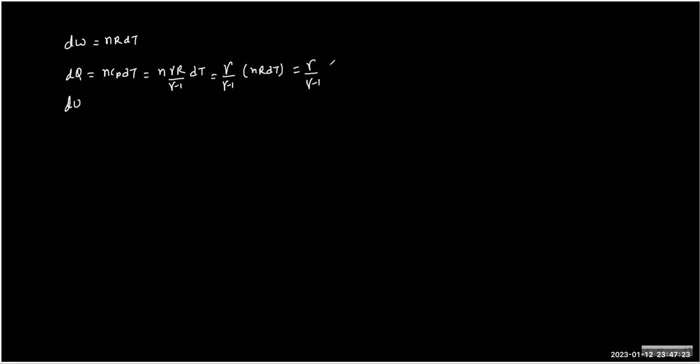Basically, if you know the gamma, you can get the dW and dQ directly. In fact, sometimes they will ask you to find the ratio, and the ratio doesn't depend on anything else. It depends on the degrees of freedom only, or the gamma value.